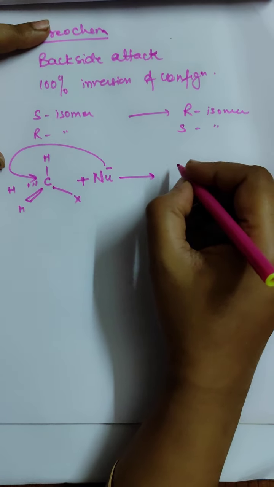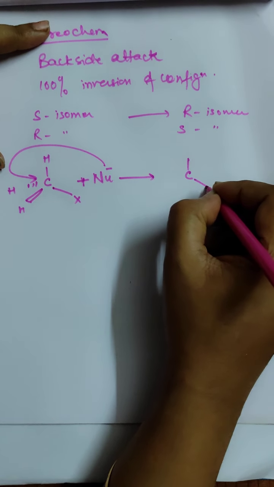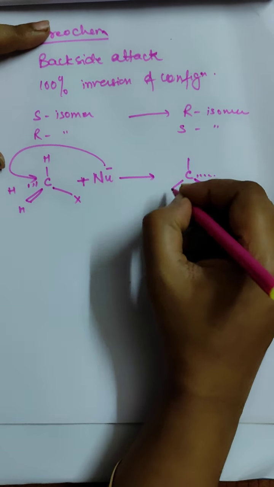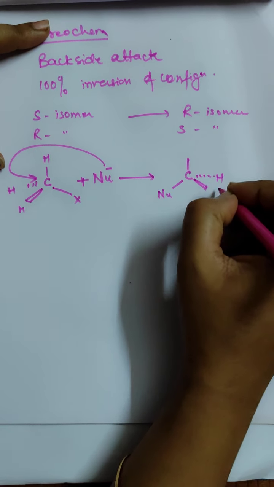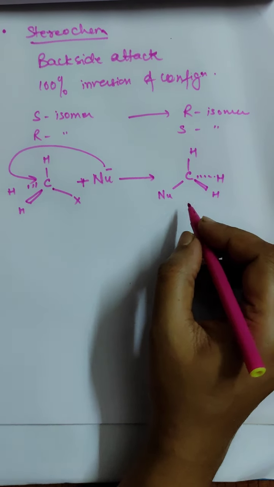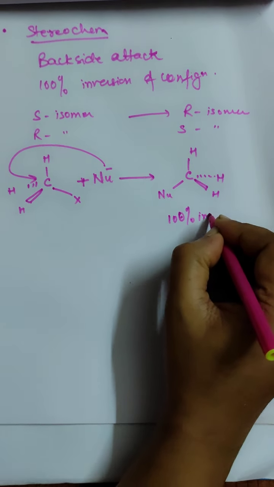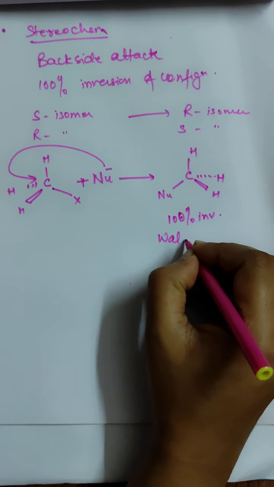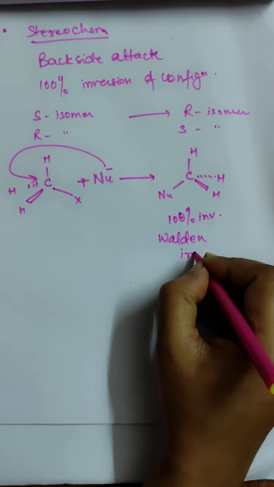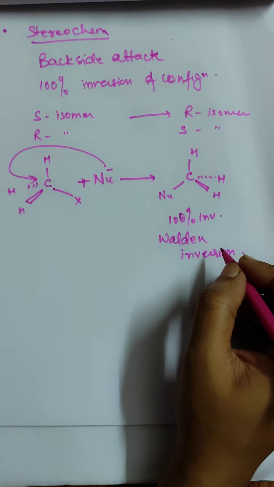So it attacks immediately from the backside, opposite side, and it gives you a compound in which there is 100% inversion of configuration, also known as Walden inversion. So these are the points you have to keep in mind.